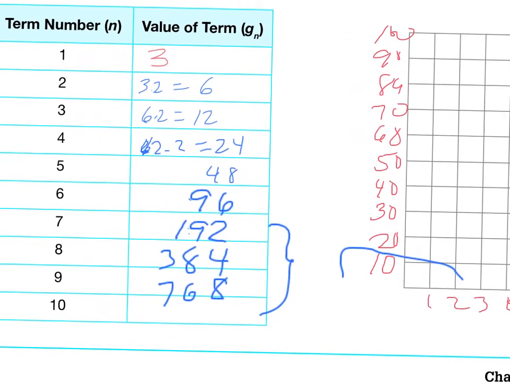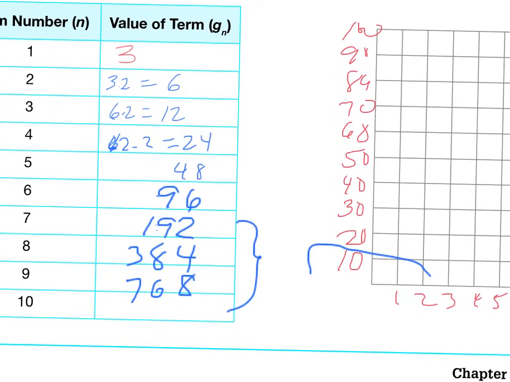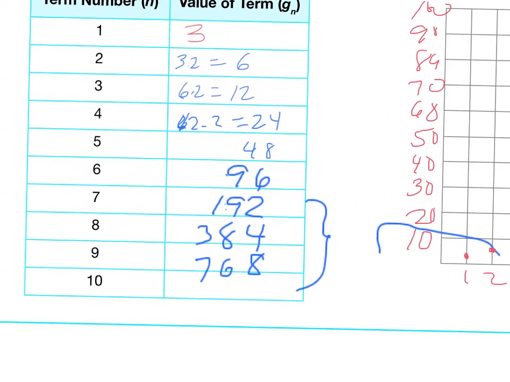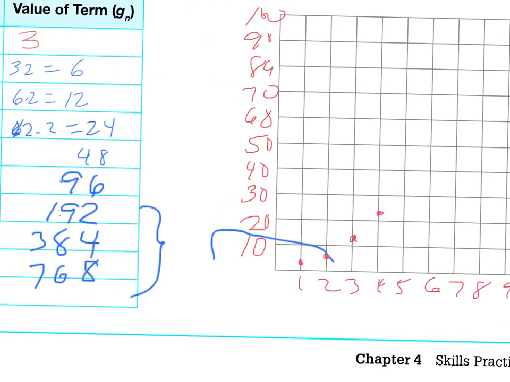All right, the first one is (1, 3), so keeping with the red, it's 1 to the right, up 3, give or take right there. The second one's (2, 6). Then (3, 12), (4, 24), I'm kind of estimating here. Then 5 is 48. See how it's going up really fast. 6 is 96. That thing went up really fast.